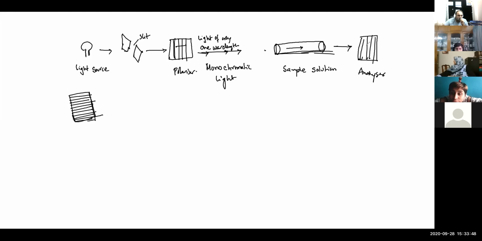Why do we do this? To detect which wavelength is actually passing through, the monochromatic light. What is the wavelength? Ultimately we check with this analyzer, and ultimately the light falls on the photocell.